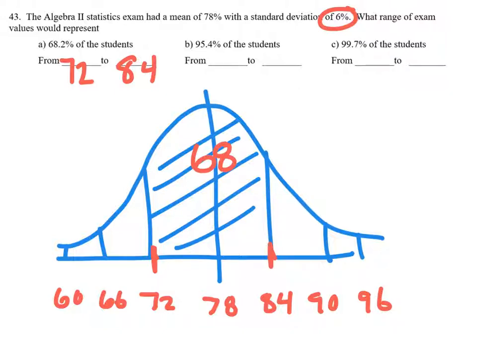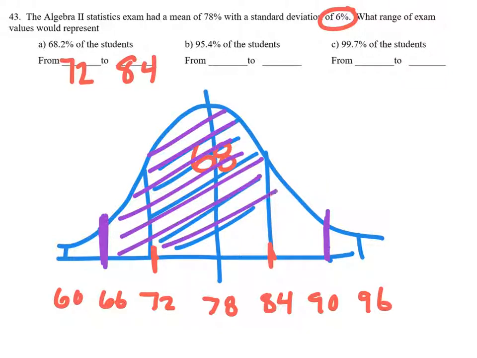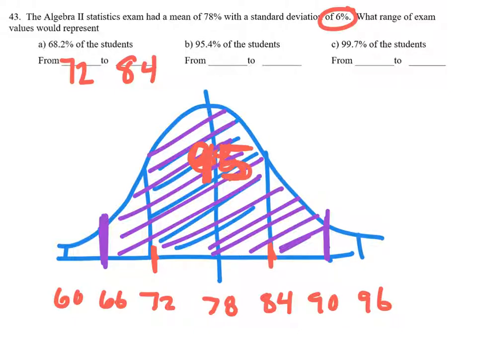The next group would be, if you want 95%, you've got to get out to plus and minus 2 deviations. So now we're doing this region here, and we get 95% when we get out to this level. That would be a range of 66 to 90.